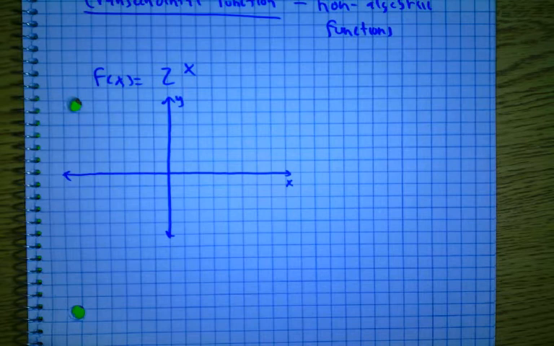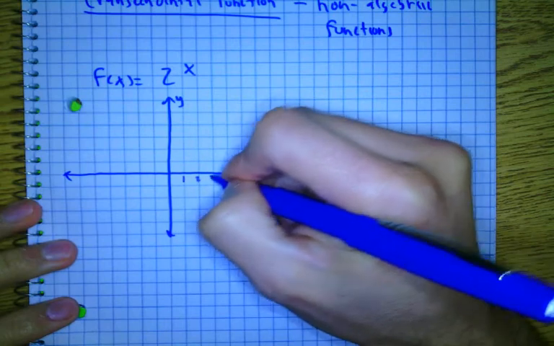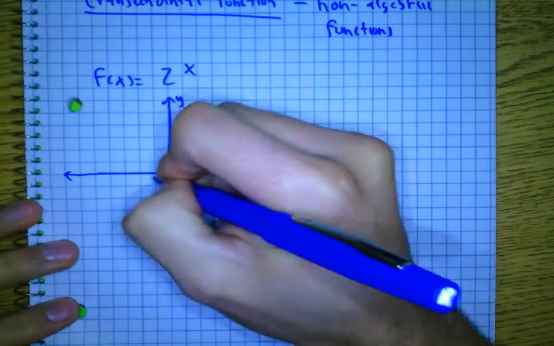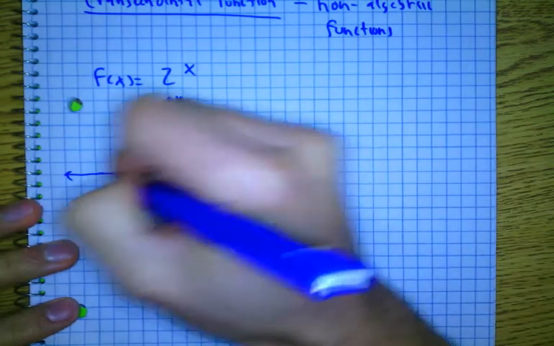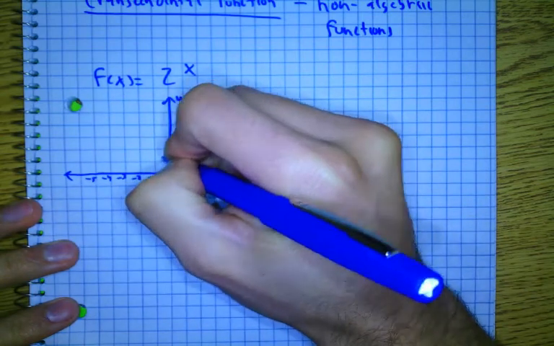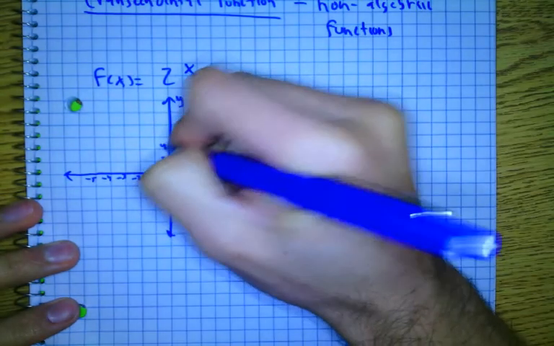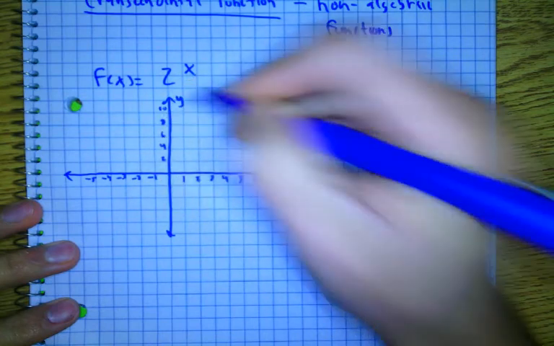So this shouldn't be too bad. That's why I picked 2 as a base. So let's say I go by 1, 2, 3, 4, 5, 6, negative 1, negative 2, negative 3, negative 4, negative 5. And I'm going to go by 2's on the y-axis, so 2, 4, 6, 8, 10.